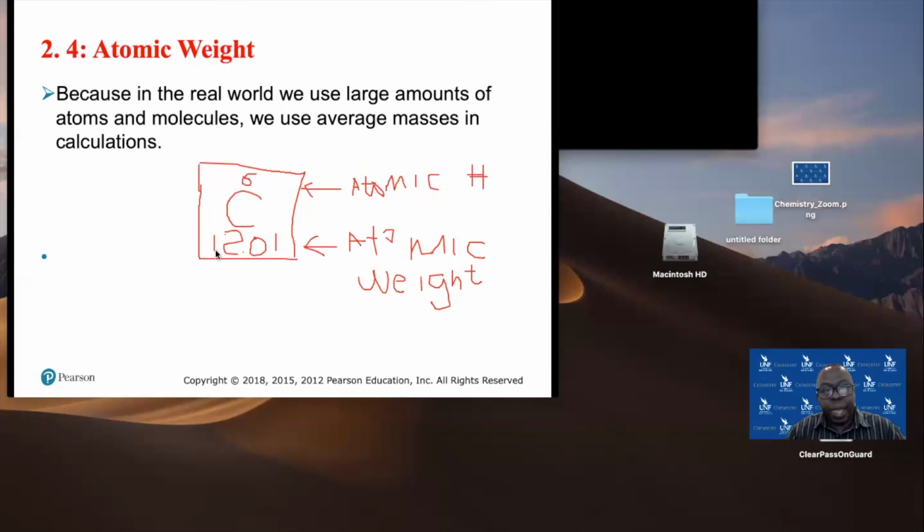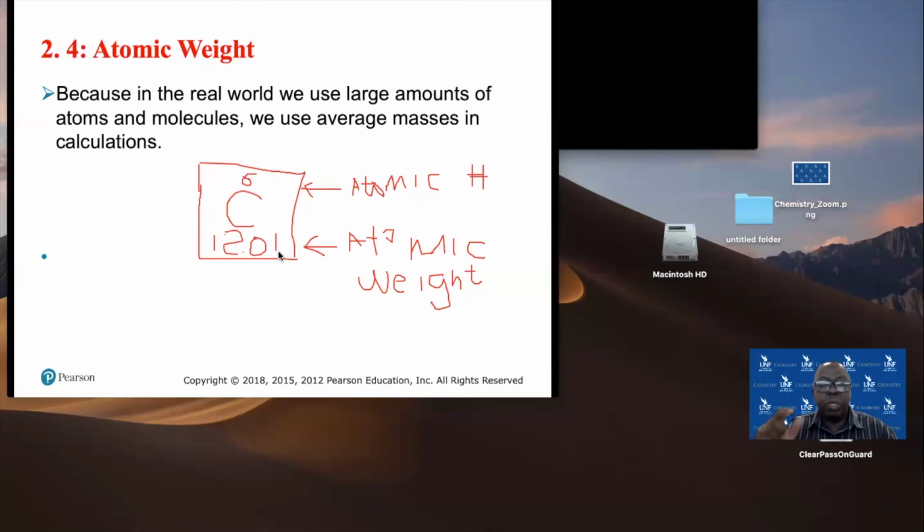This number here below and all other atomic masses are calculated based on the number of naturally occurring isotopes. It is accounting for all the naturally occurring isotopes. If you look at the atomic masses on the periodic table, all of them have decimal places.